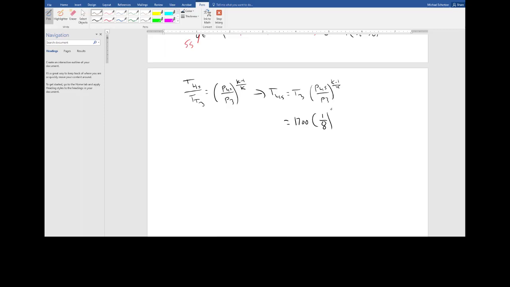That's 1.4 minus 1 is 0.4 divided by 1.4. So you get 1 divided by 8 to the power of 0.4 divided by 1.4, times 1700, is 938.5 Kelvin.